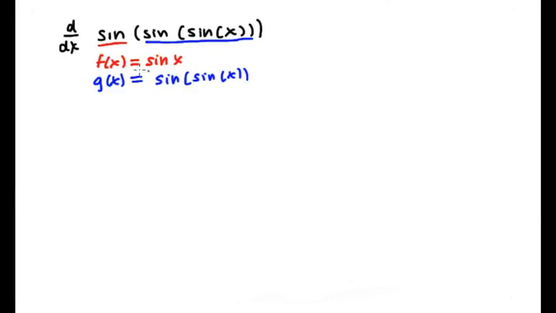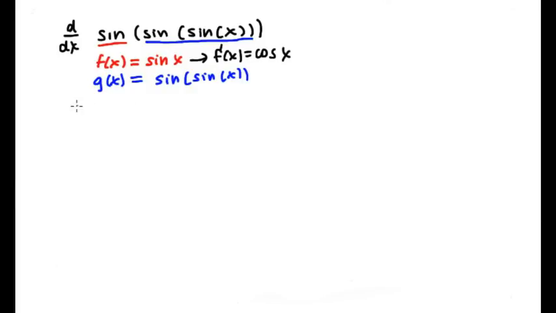Well, the chain rule tells us that this derivative is going to be equal to f prime of g of x. So what's f prime of x? So f prime of x is equal to cosine x. And f prime of g of x is going to be cosine of this inside here, which is sine of sine of x.